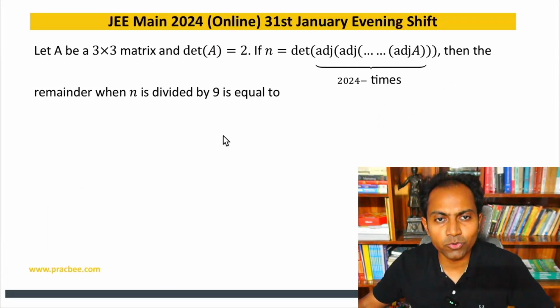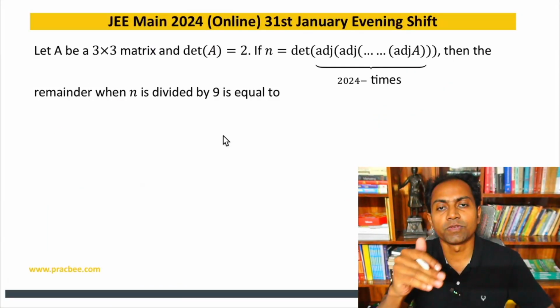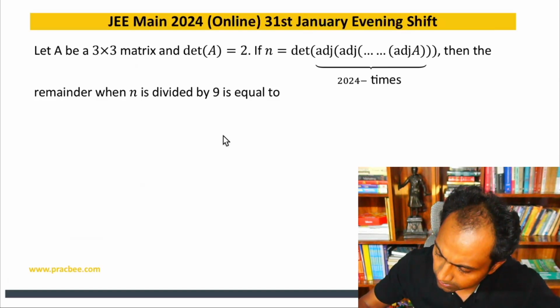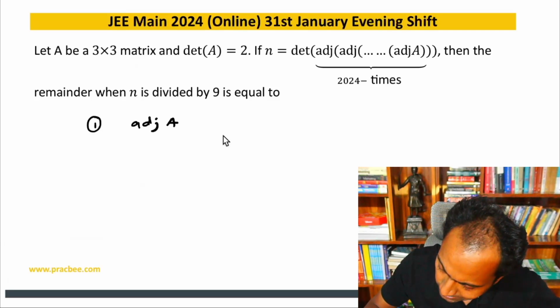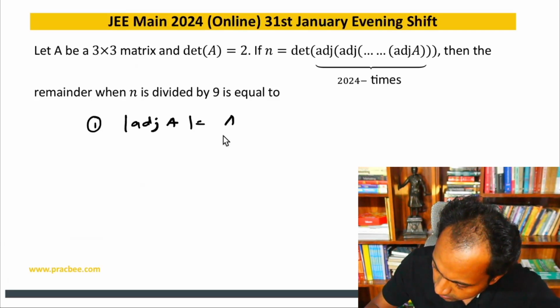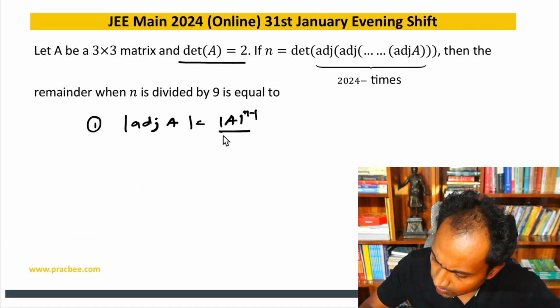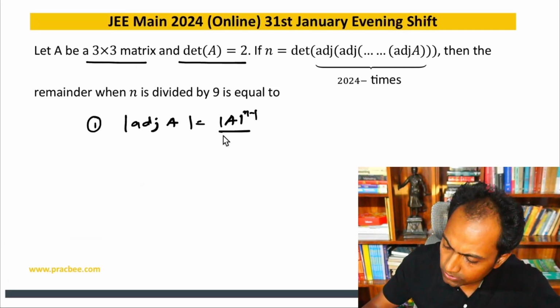Now if I look into this 2024 question, this idea links with the binomial theorem. We already worked on this idea that if we have the adjoint of matrix A, the determinant is going to be nothing but determinant of A raised to the power n minus 1. In this question, they are saying determinant of A is equal to 2 and the order is 3.